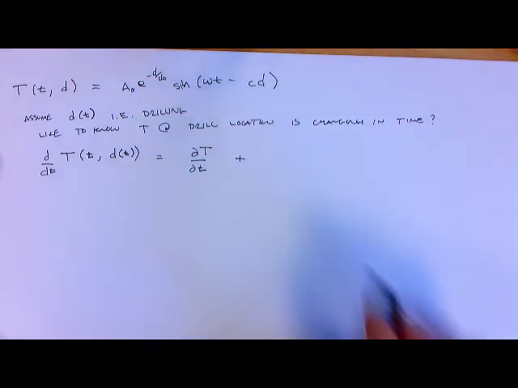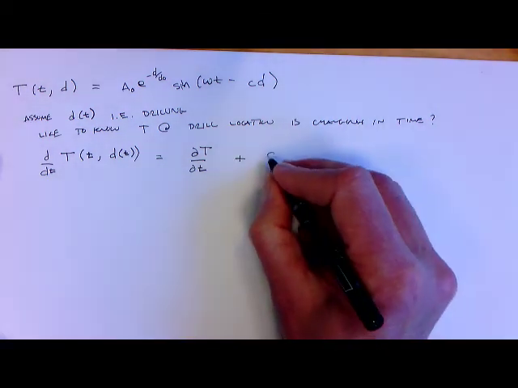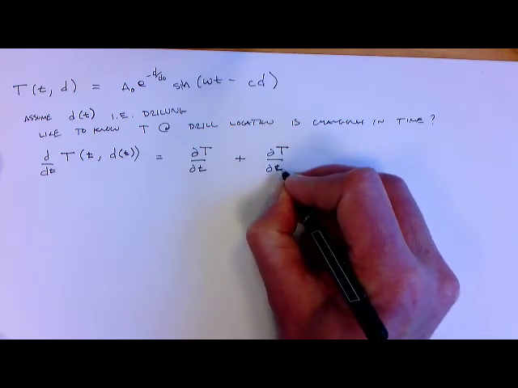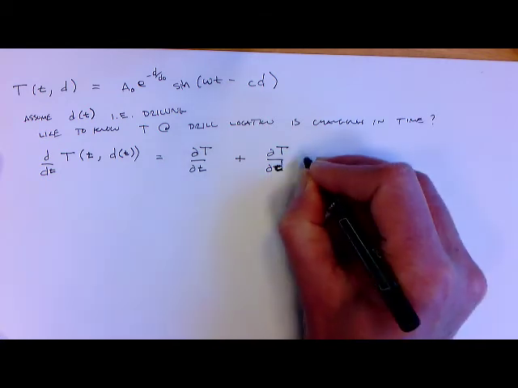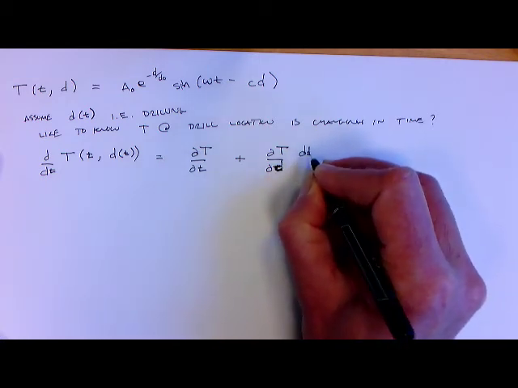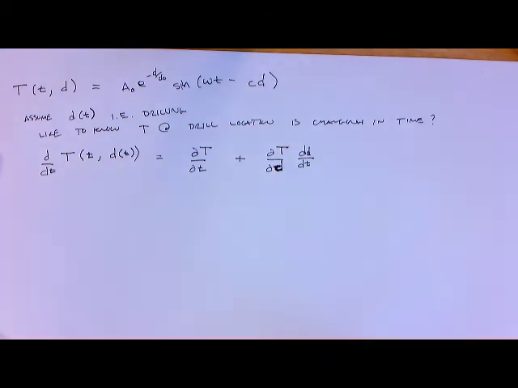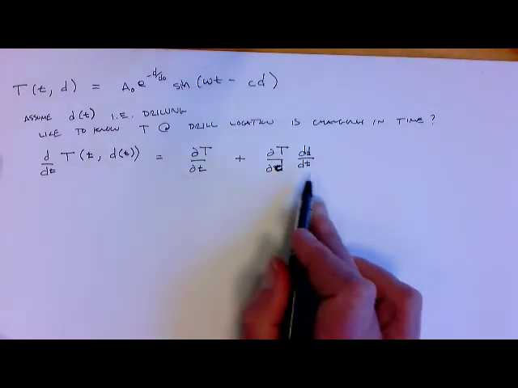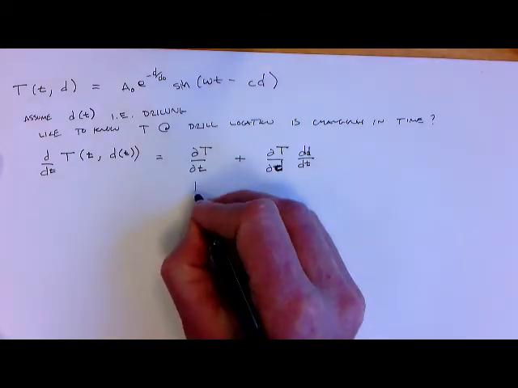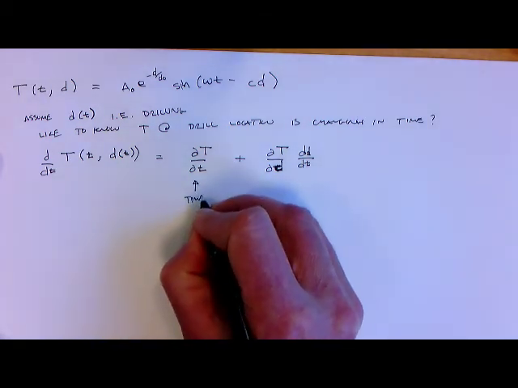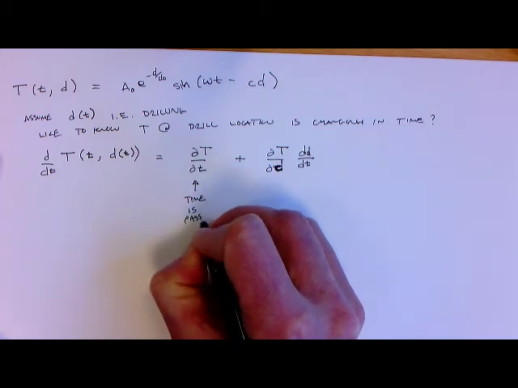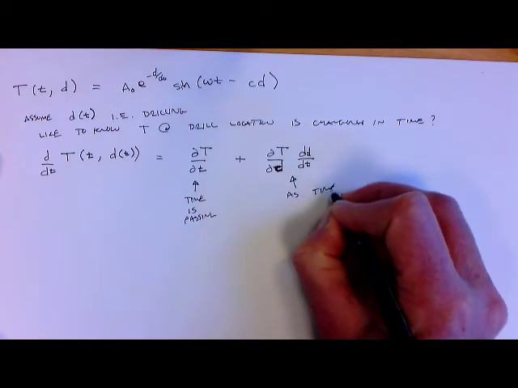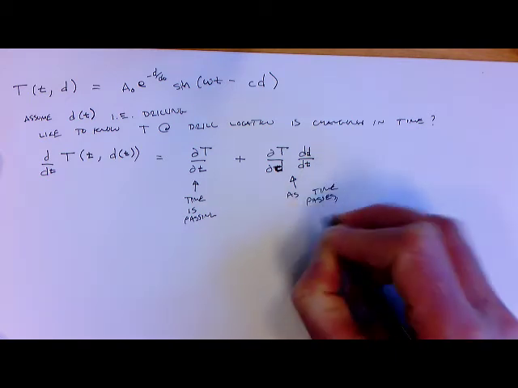But the second thing that I'm going to need to do is also ask the question, how fast does the temperature change with respect to depth, and then how fast does the depth change with respect to time? Okay? So temperature is actually going to be changing in time due to two effects. One effect is the fact that time is passing by, and the other effect is that as time is passing, my location changes.